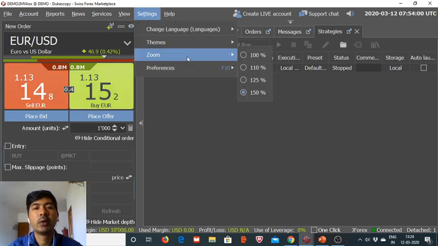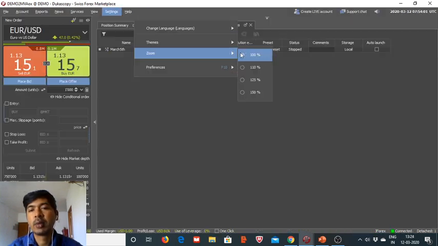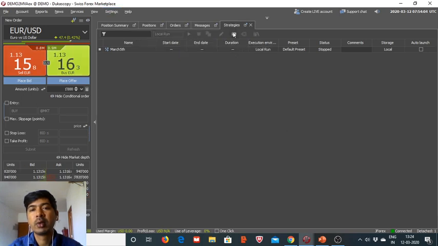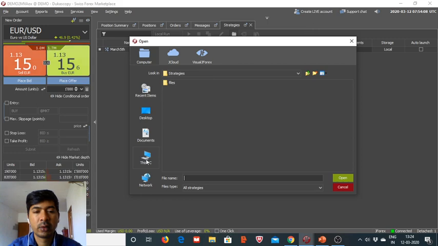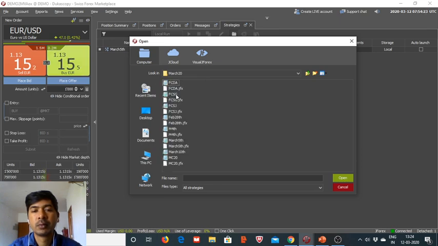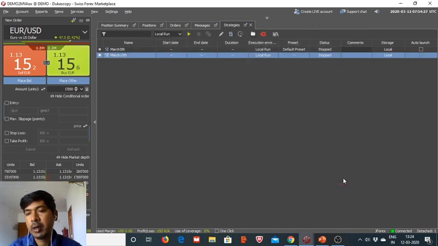Let's reduce the zoom to 100%, and then we search for the same file, March 10th, in the folder. And here is our file. We will need to compile it.